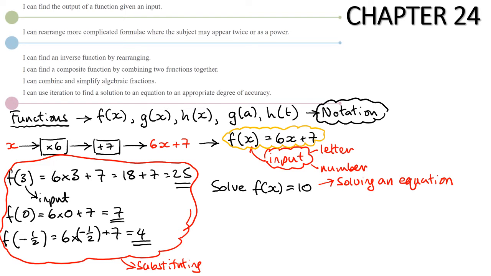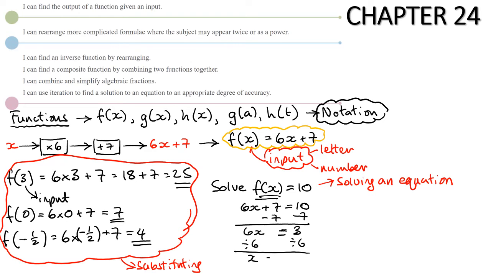So rather than write f of x, we write down 6x plus 7 equals 10, and we solve this. So you take away 7 from both sides, so you'd have 6x equals 3. Then we would divide both sides by 6. I have x equals 3 over 6, which is basically a half, or 0.5.